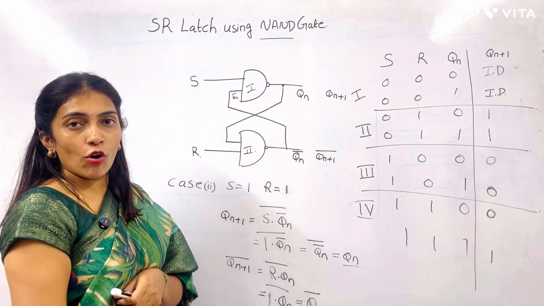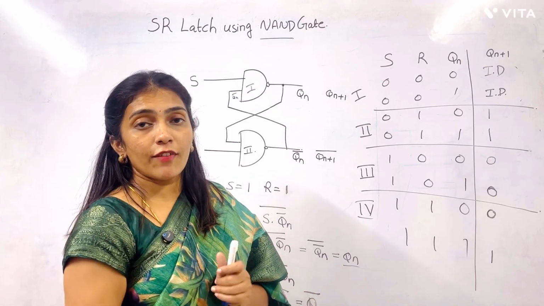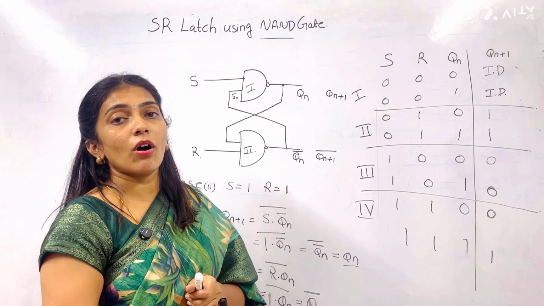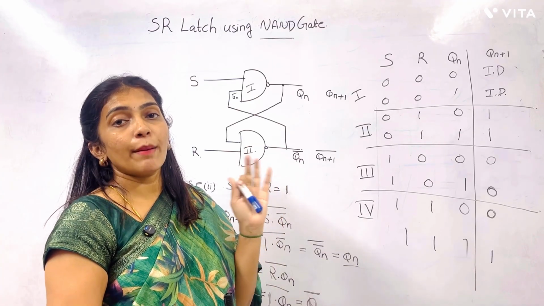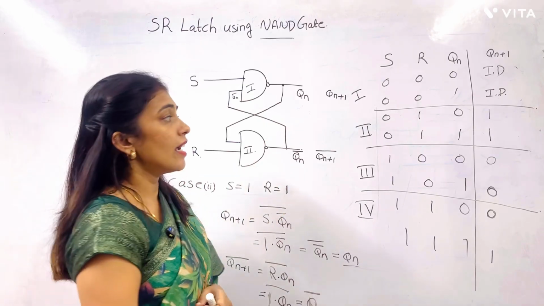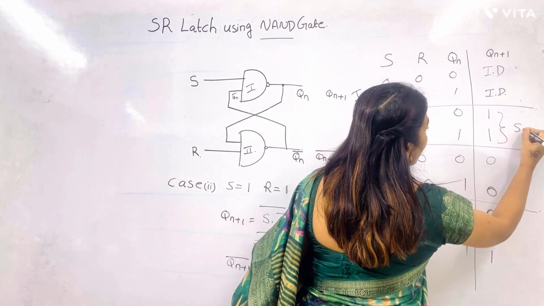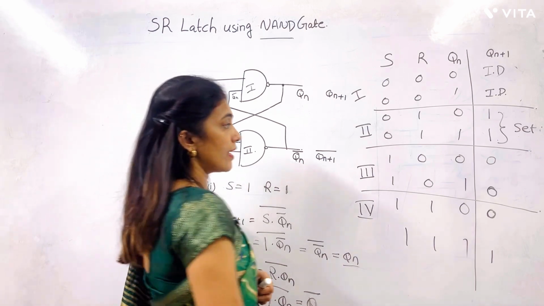Okay, so in 4 cases, we got the values of next state output. In the first case, we got an undefined condition because both gates' outputs will be 1. That is impossible, so that state is called the indeterminate state. In the second case, we got 1. So that state is called set condition.